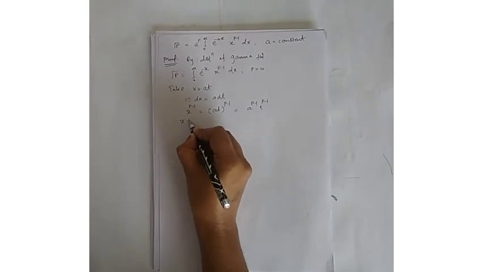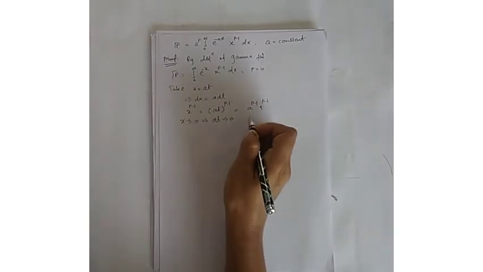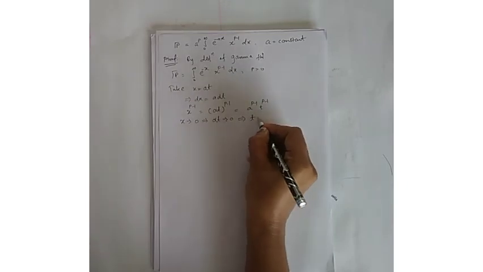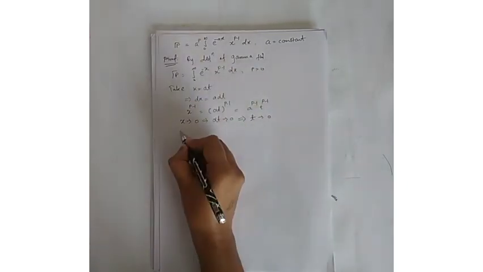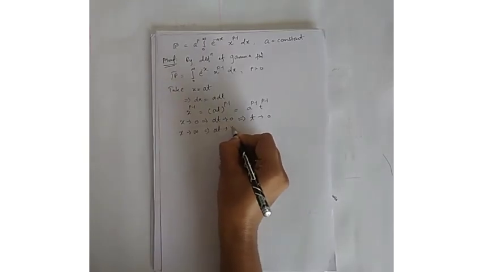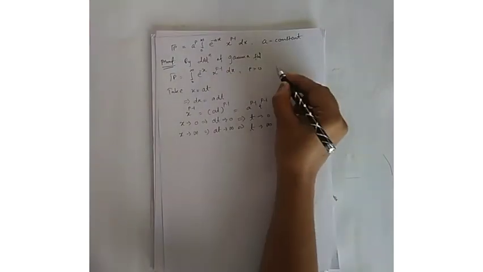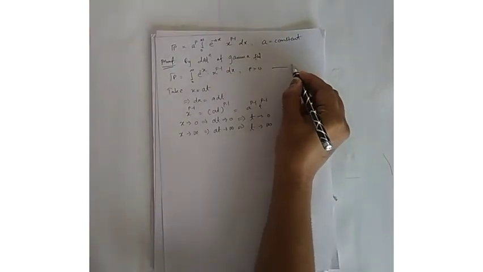Change the limit. When x tends to 0, a t tends to 0, and that implies t tends to 0. When x tends to infinity, a t tends to infinity, and also t tends to infinity. Call this equation number 1.